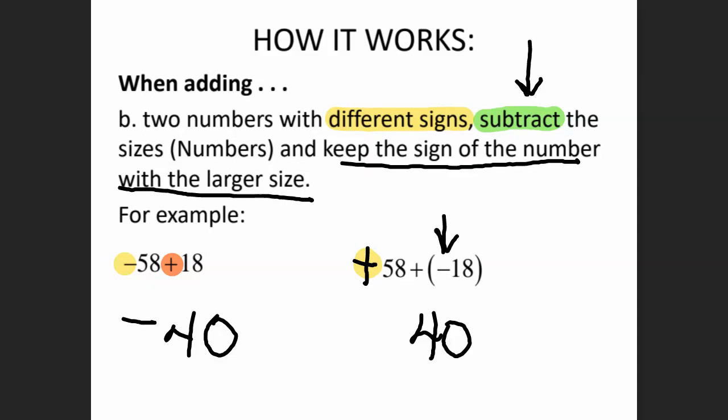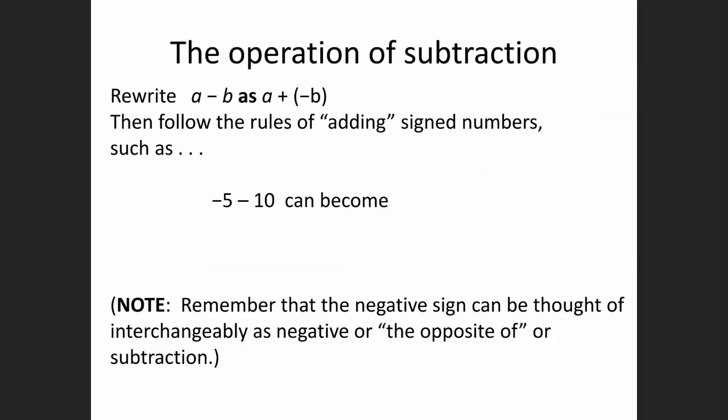Now, in this slide, again, language, the operation of subtraction. Now, you are going to see A minus B, just like I have here. They are going to ask you to rewrite it. And that's where our lovely phrases are going to come in.